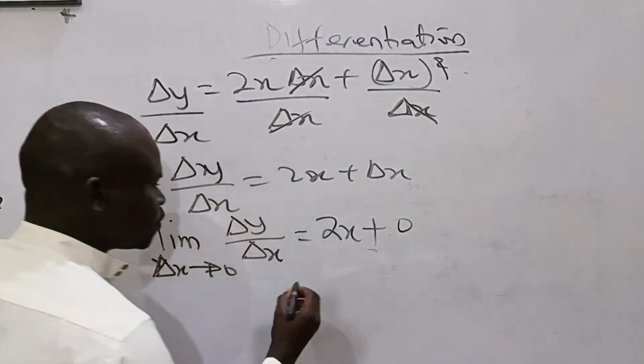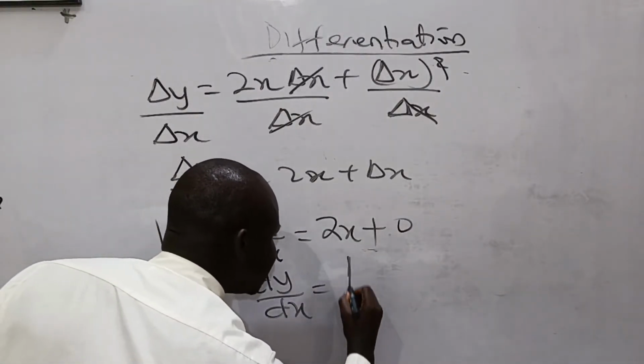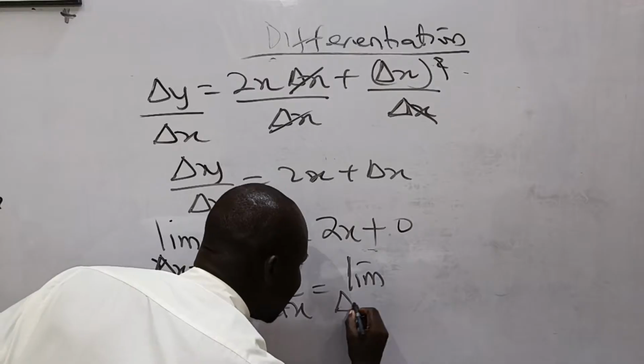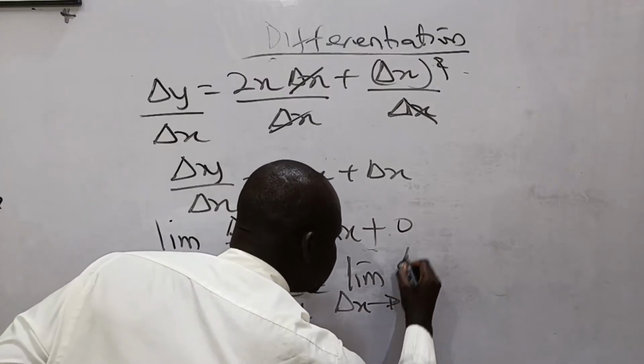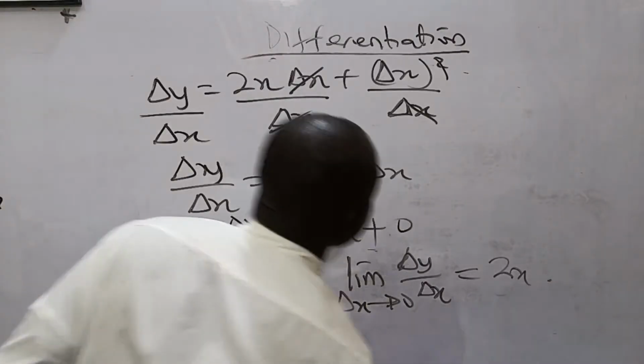At the end of the day, our dy dx is the same thing as the limit as delta x tends to 0 of delta y over delta x, which is equal to 2x.